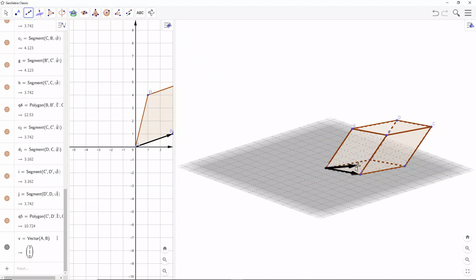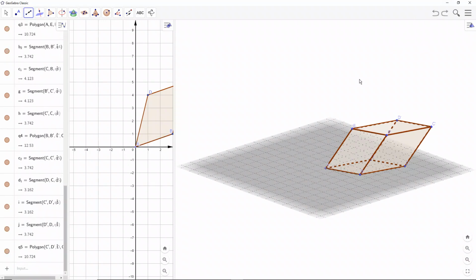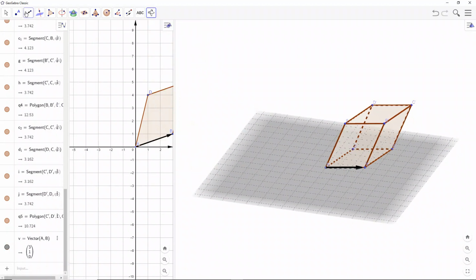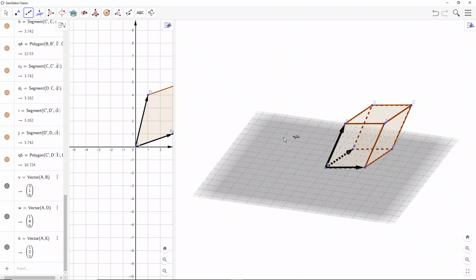It's not clear, so let me rotate it a little bit to make it clearer. Okay, so now I can do that. So these are two vectors, and then let me do another vector from this point to that point. Is that clear what we are doing? We have these three vectors, and now if I cross product them, what will happen?